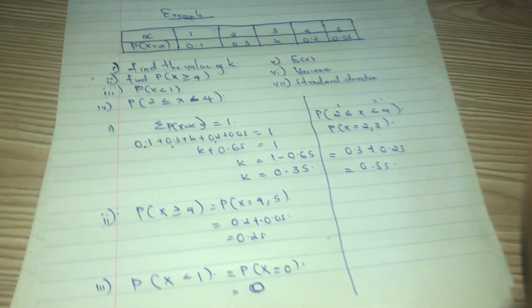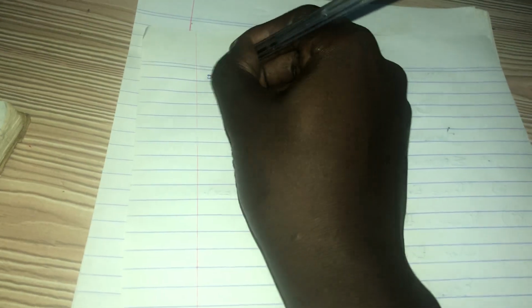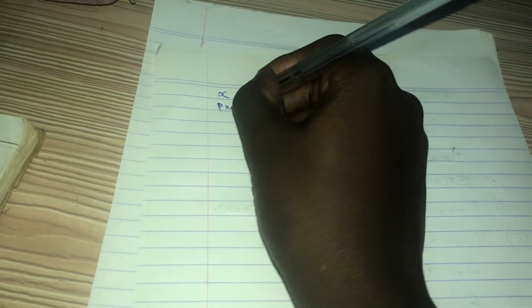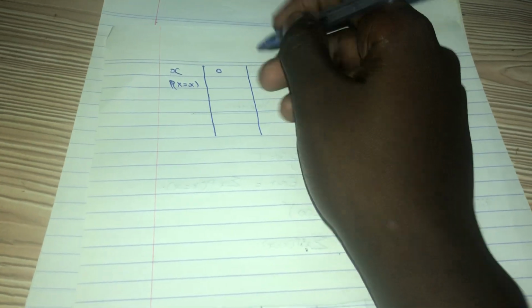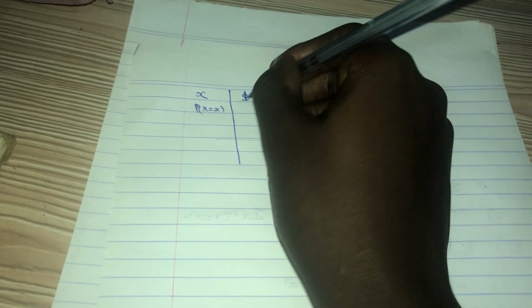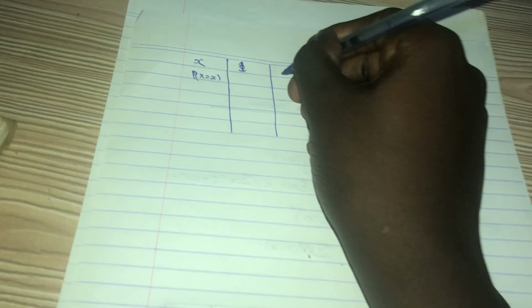Are we together? Then next they want the expectation. To be able to do this, we are going to repeat this table on this side: x and the probability of x. We start from 1. Look at our question, it starts from 1, 2, 3, 4, 5.